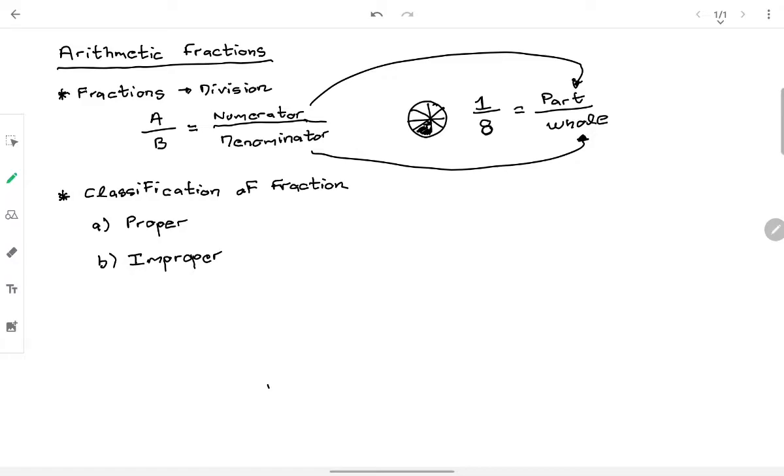How do we know if a fraction is proper or improper? Proper fractions are fractions where numerator is smaller than denominator.